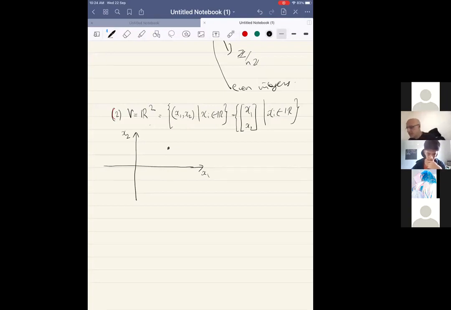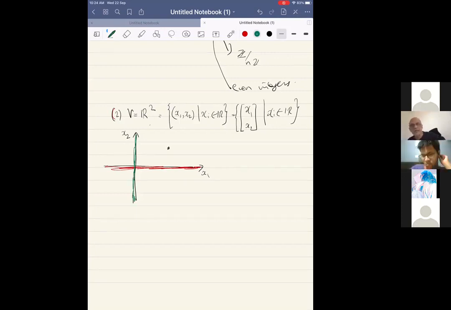Okay. Now, what are the possible subspaces? The two straight lines, the x1 and x2 axes. So people have suggested two subspaces. Let me draw them. One subspace is this, and another subspace is this.